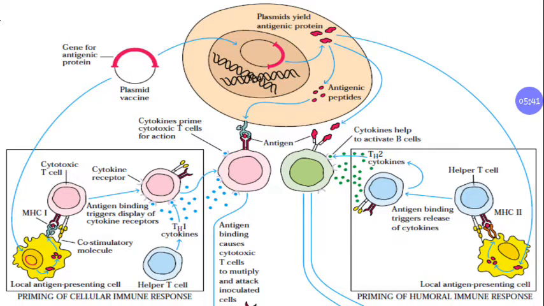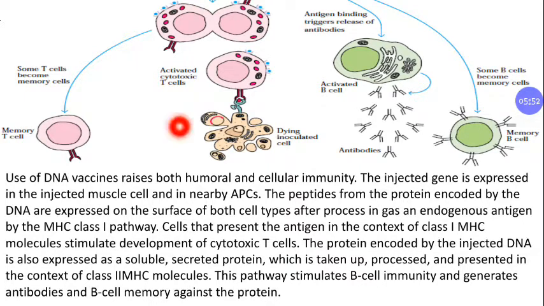Cells that present the antigen in the context of class 1 MHC molecules stimulate the development of cytotoxic T cells. Like here, we can see the balance of the figure. It is in the next slide.